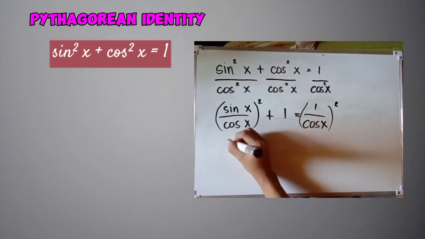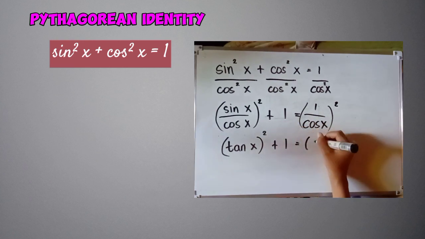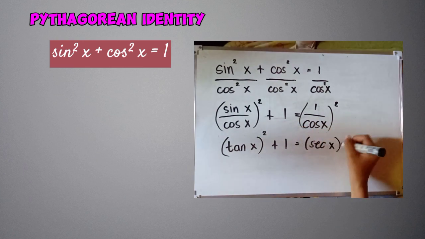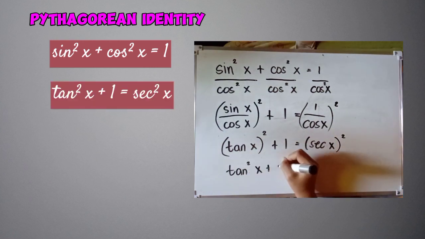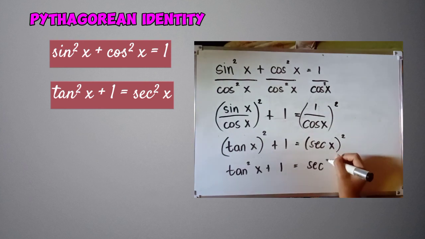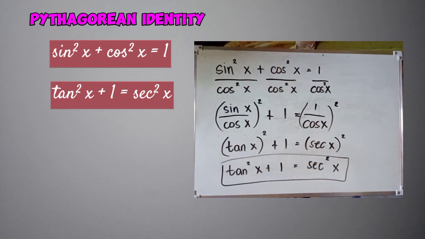After that, it will result in the square of tangent x plus 1 is equal to the square of secant x. And then you simplify to get the final Pythagorean identity: tangent squared x plus 1 is equal to secant squared x.